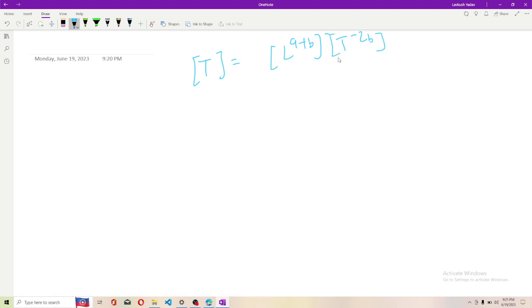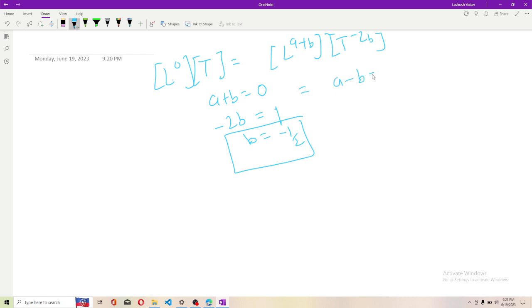Then A plus B equals 0, because there is no term L raised to anything in T. We can write it this way: A plus B equals 0, and minus 2B is equal to 1. So B is equal to minus 1 by 2. And A is equal to minus B, so A will be equal to 1 by 2. Now we have got the relationship of the powers, the A and B values.